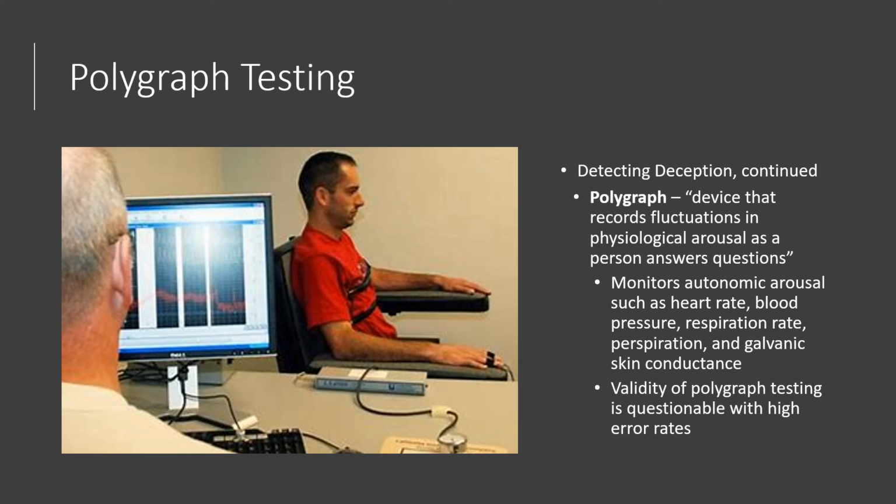The control questions are designed to control the effect of the generally threatening nature of relevant questions. Control questions concern misdeeds similar to those being investigated, but they might refer to the subject's past, and they're usually broad in scope. So like, have you ever betrayed someone who has trusted you?